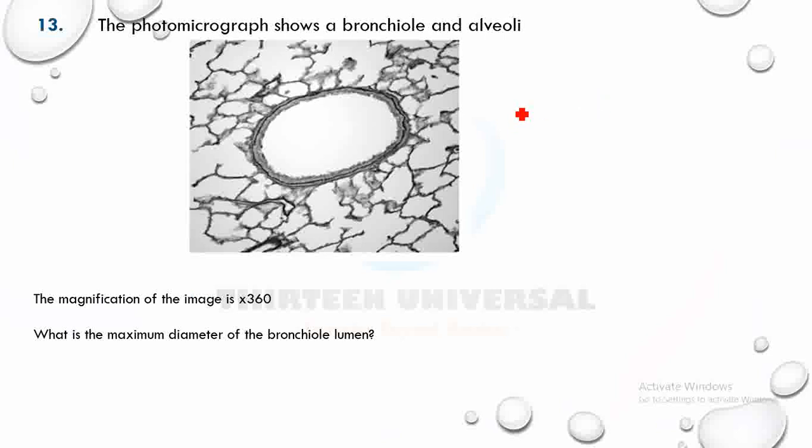So we're looking at, of course, actual size, which is equal to image over magnification. Okay, so first of all, to get the image size, you have to take a ruler and measure from here to here.